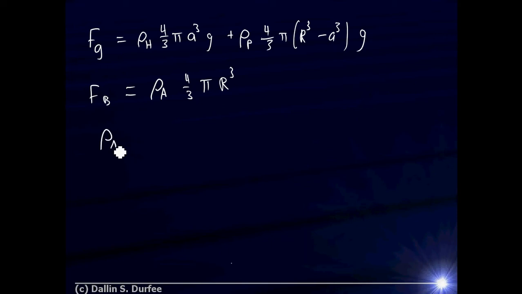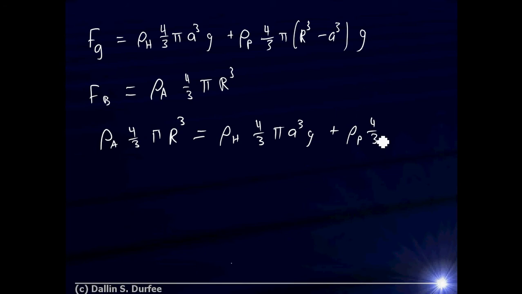The buoyant force is equal to the force due to gravity: rho helium 4/3 pi a cubed g plus rho plastic 4/3 pi (r cubed minus a cubed) g. If the buoyant force is equal to the force due to gravity, it'll float. If the buoyant force is greater, it will accelerate upwards. If it's less, it'll sink downwards. This is just what we need for it to just float in the air.